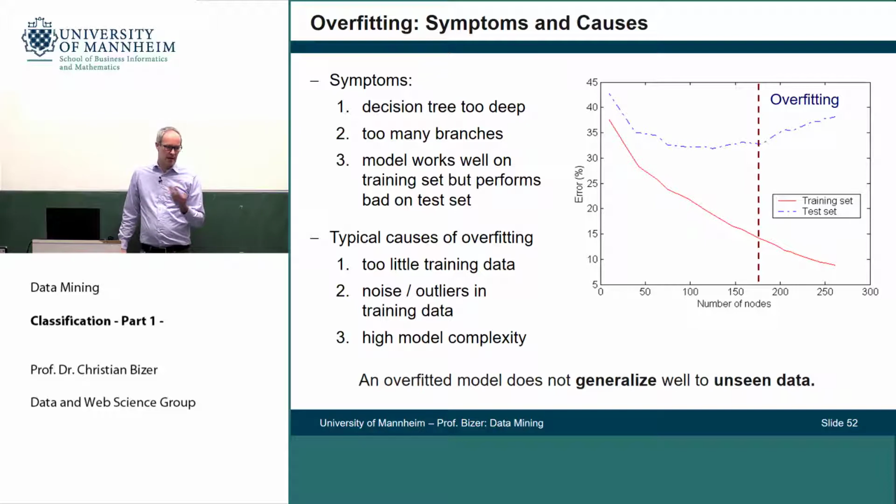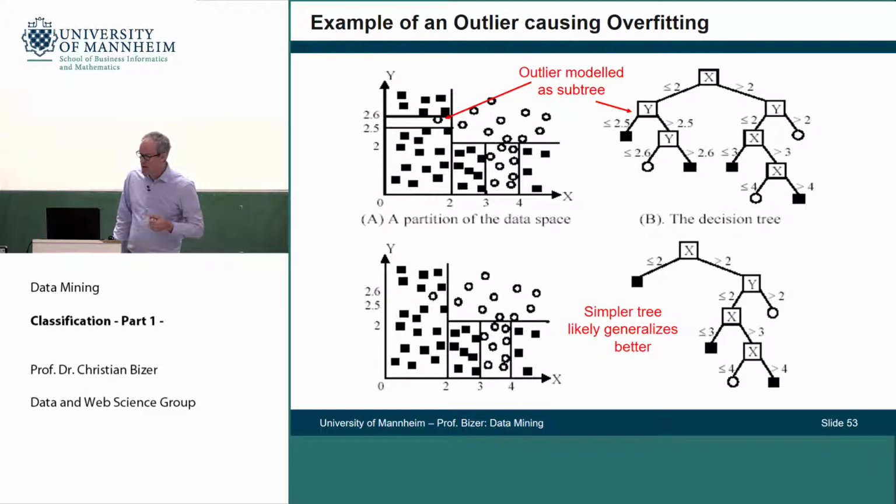This is something that we will see when we look at neural networks and deep neural networks later. So if we have a really flexible model that can easily adapt to very specific patterns in the training data, these flexible models have a high tendency to overfit the training data. So let's look at an example of these noise points, these outliers messing up our models.